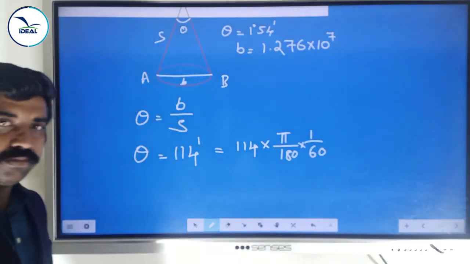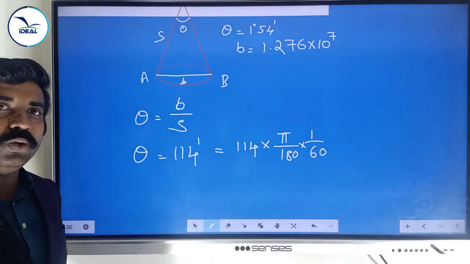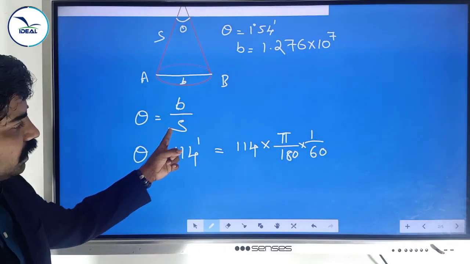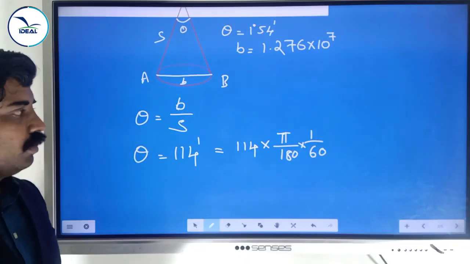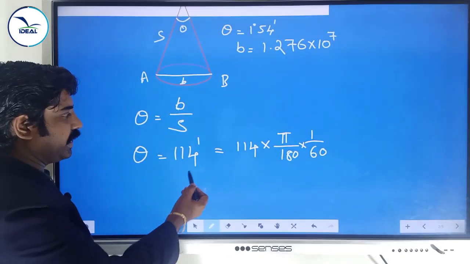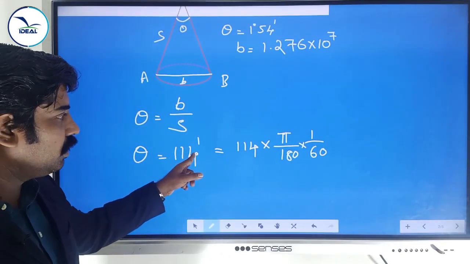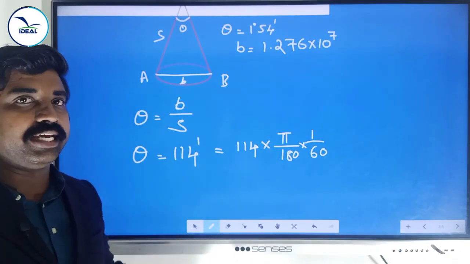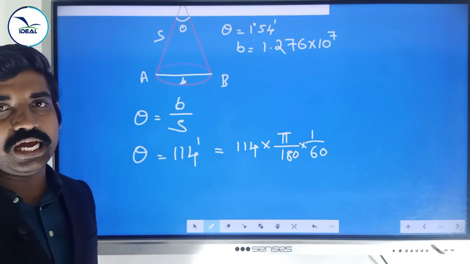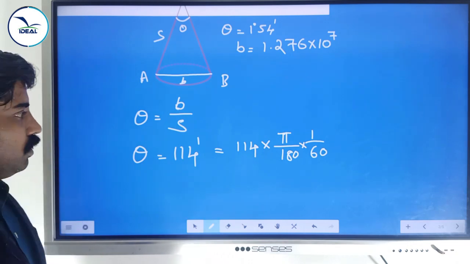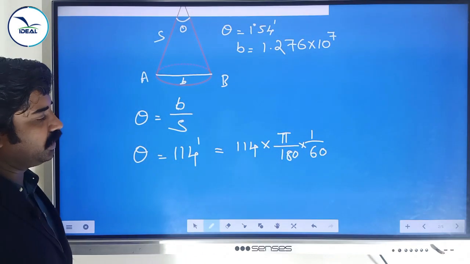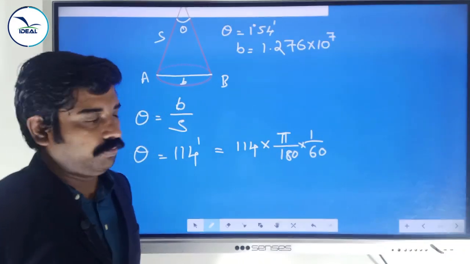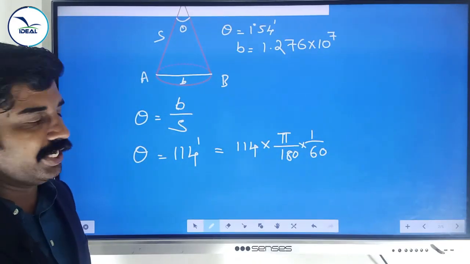Or again we can convert this into seconds also. If we convert 114 minutes into seconds, then we multiply it again with 1 by 60.